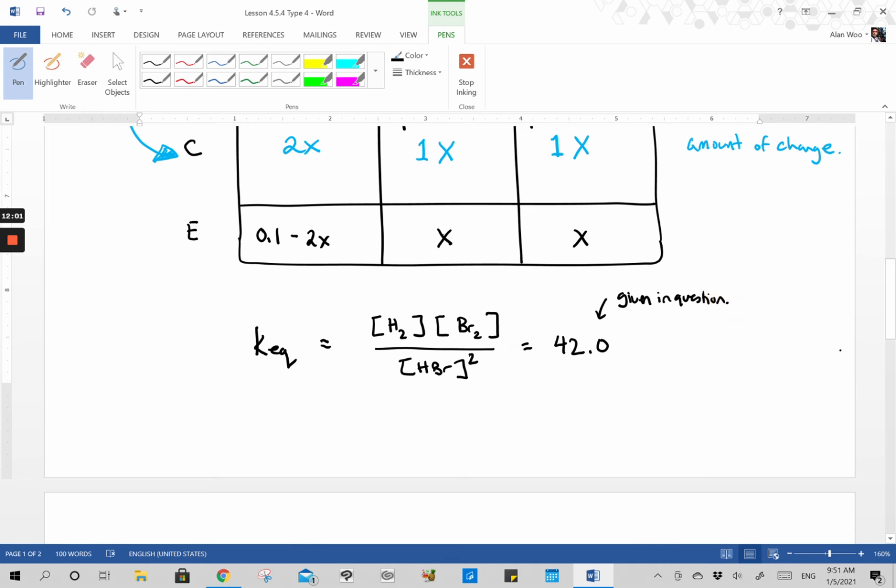Now, what we're going to do is substitute the values from the ICE table into the expression. So x will replace Br2, this x will replace H2, and 0.1 minus 2x will replace HBr. Let's rewrite all of that mathematically.